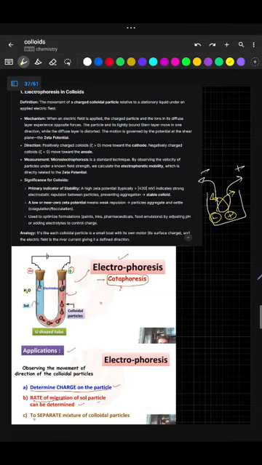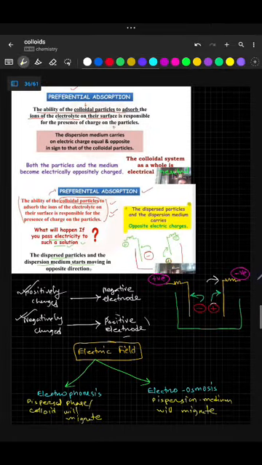And this proves that the colloidal particles are charged, because if they are not charged, they will not move on the basis of the electric field that we get from the electrolytes. This is the visual of how it happens.